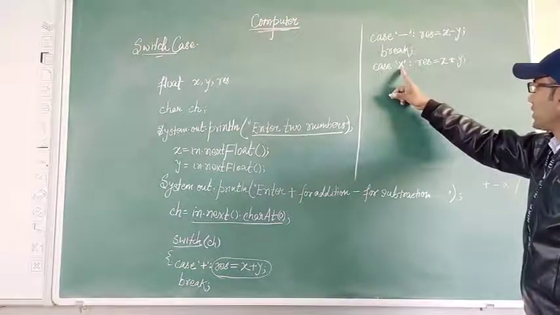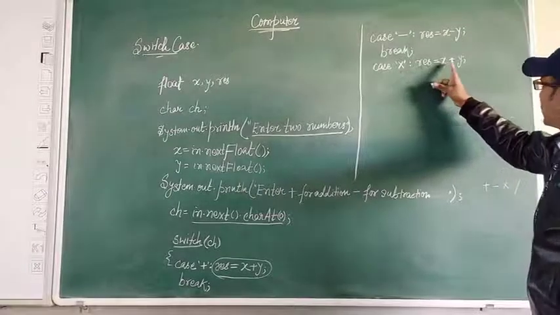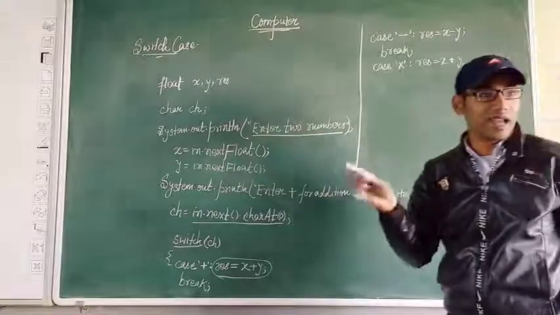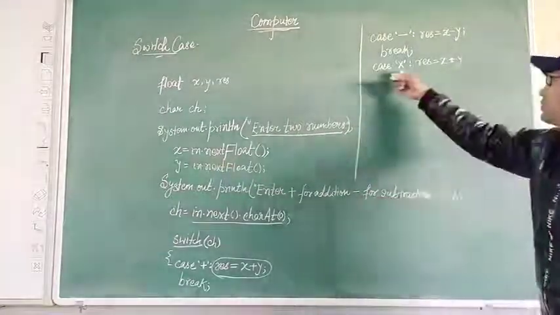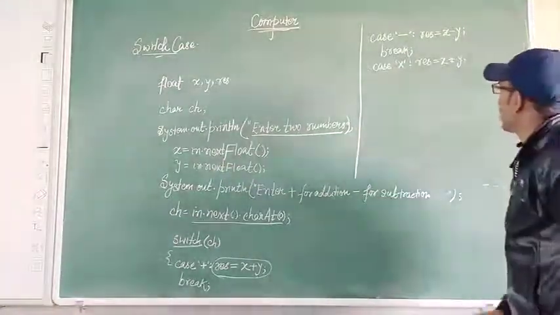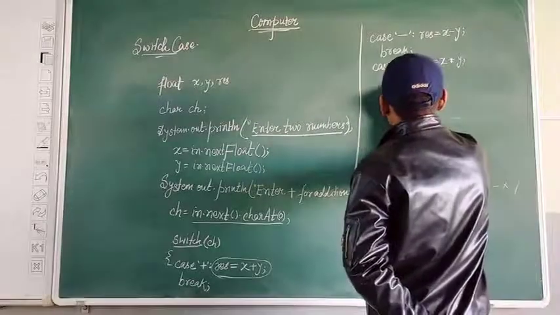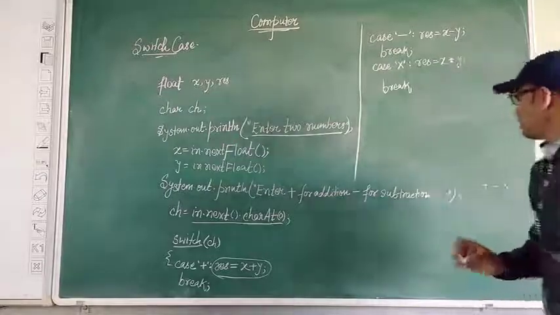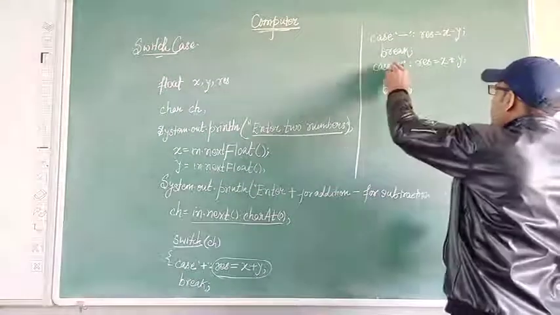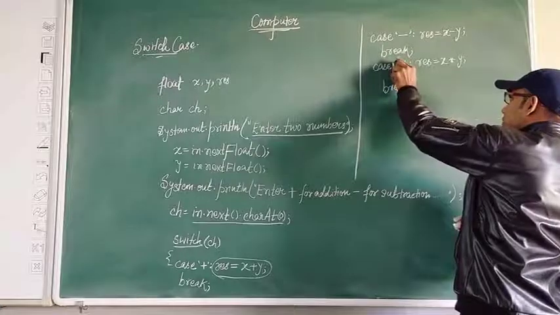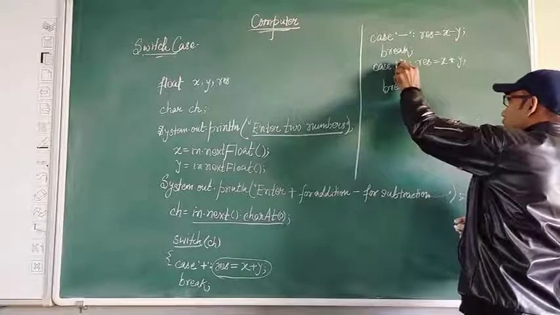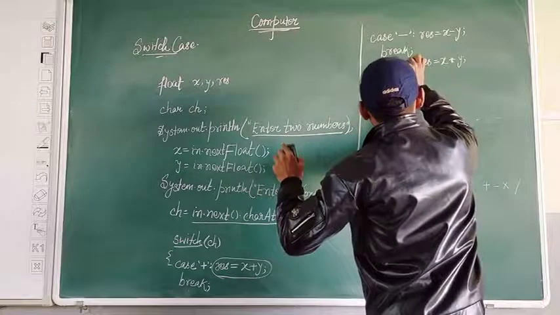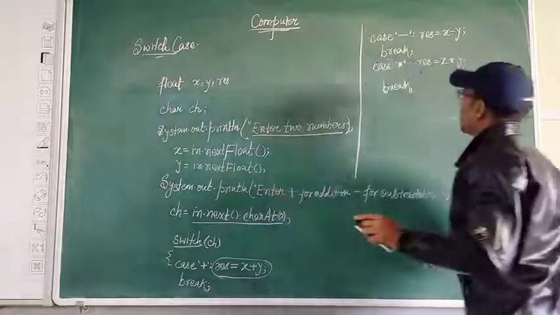Case x, result is equal to x multiplied by y. This x means the x symbol, an alphabet, right? After that, break. Or else, you can simply utilize the star mark.